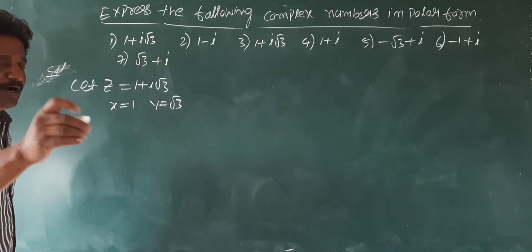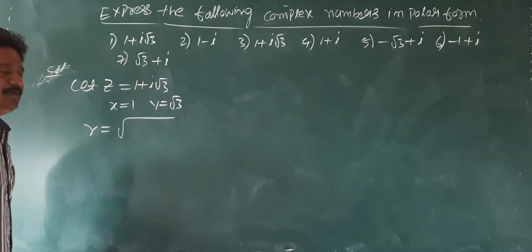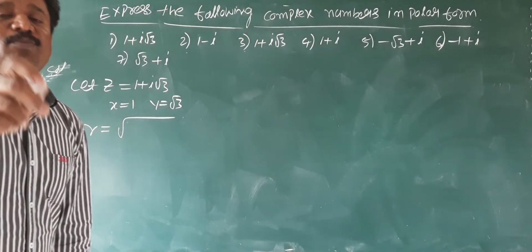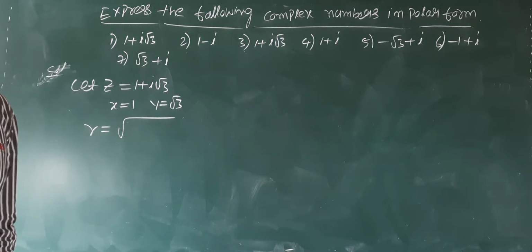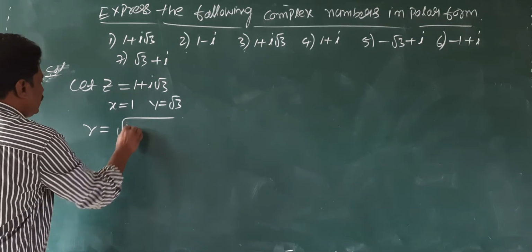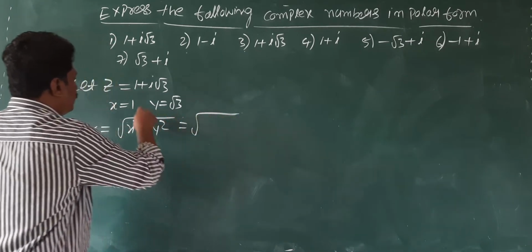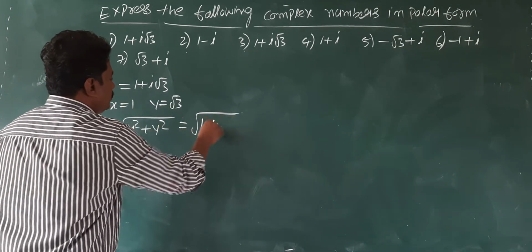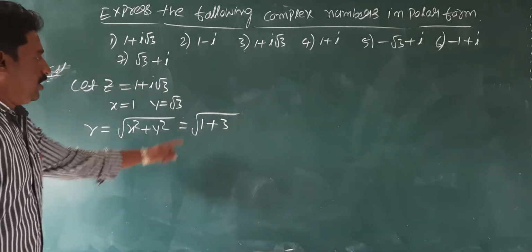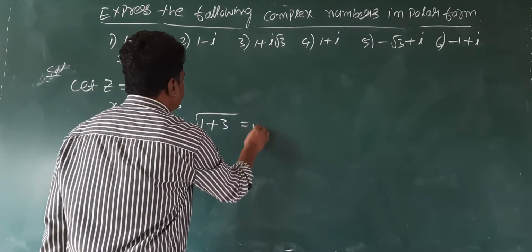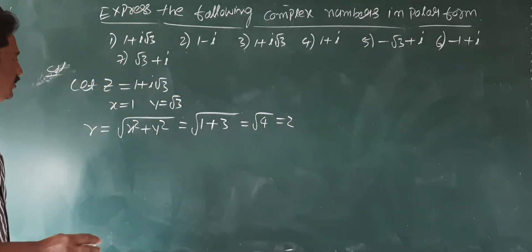Tell me the formula for r. r means modulus. r equals root of x square plus y square, root of 1 square plus root 3 whole square, 1 plus 3, root 4. Root 4 is 2.